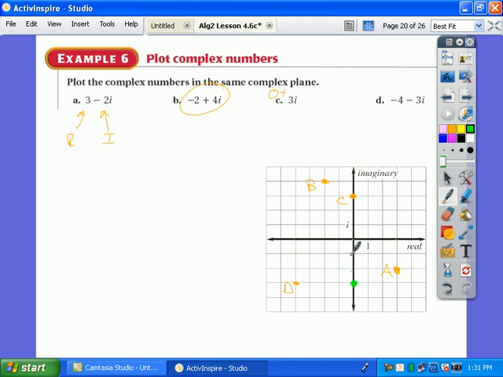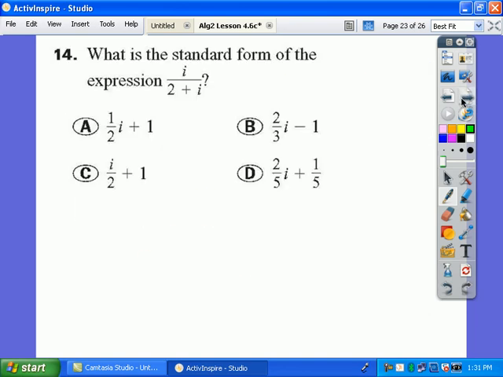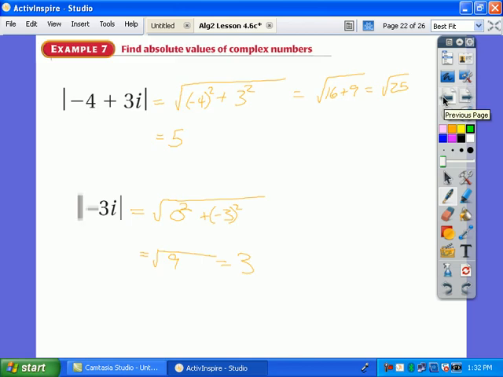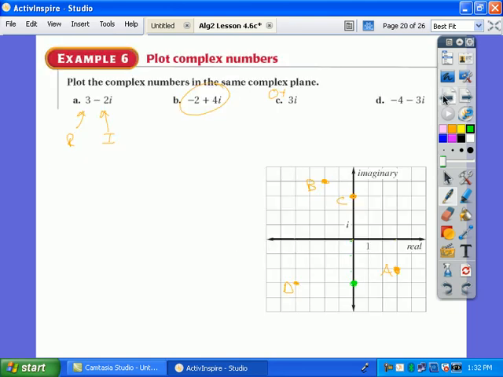So if I count this, 1, 2, 3, right? For -3i, here's our point, here's our number. The absolute value is just 3. The question was, can you just count the spaces? And that is absolutely correct.